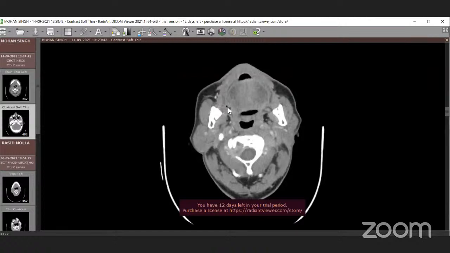We can trace some air locules here because of the puffed cheek position, and this soft tissue that extends up to the paramedian area is the anterior tonsillar pillar, and the one that is posteriorly going up to the constrictor is the posterior tonsillar pillar, and we have some amount of fat in the paraglottic fat. This area in between is the tonsillar fossa.